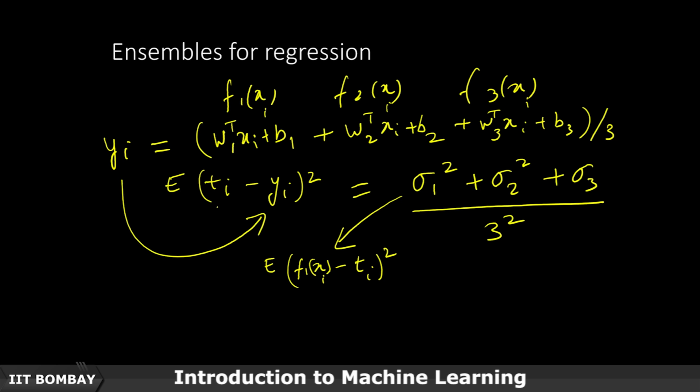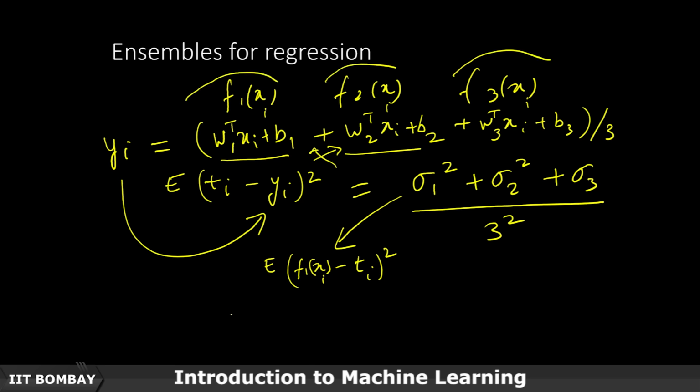Whenever we have the yi squared term, in that term we will have the square of these individual terms, and we will have cross terms. Okay. So assuming everything is 0 mean, the cross terms only go to 0 when the constituents are uncorrelated.